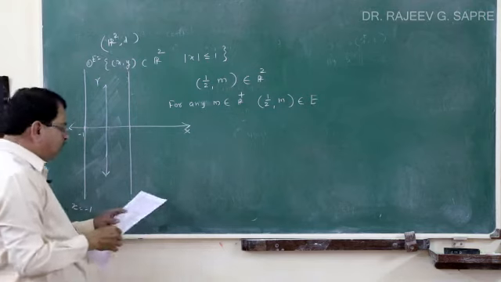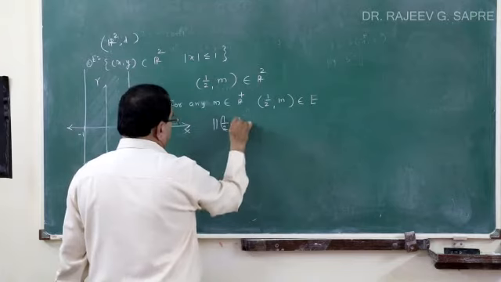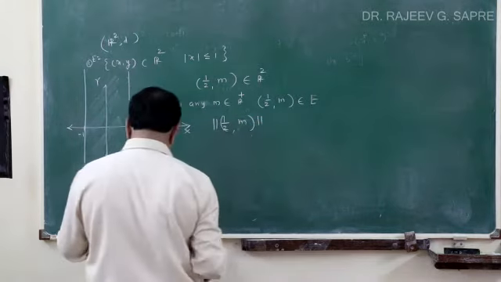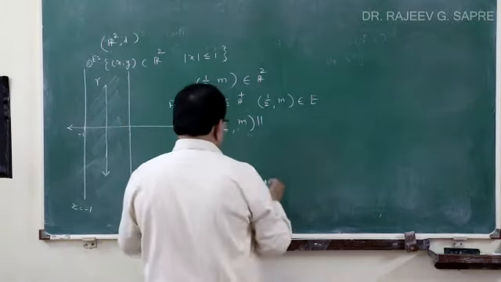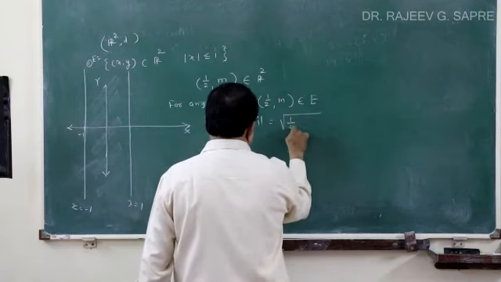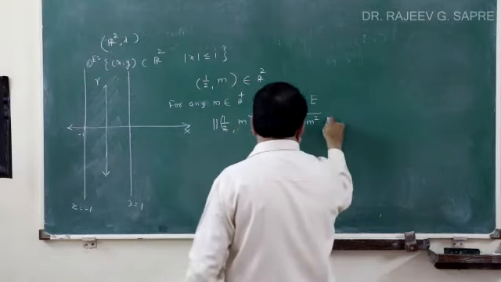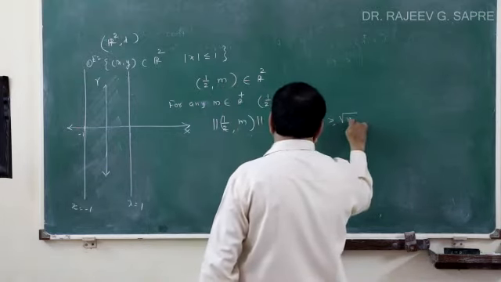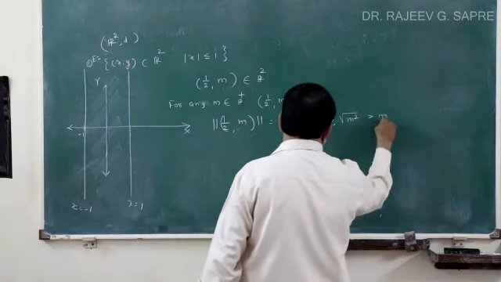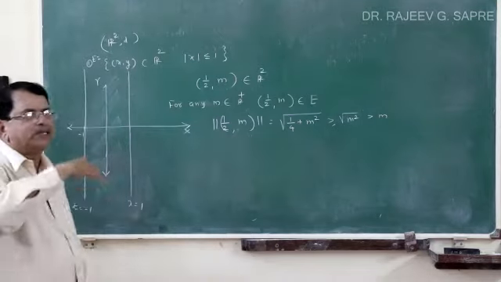Now if you calculate the norm of this point, the norm of (1/2, m), what is this norm? The norm of (x, y) is the root of x square plus y square. So it is the root of 1/4 plus m square, and this is definitely greater than or equal to the root of m square, so this is greater than m, and m is any real number, and this norm is greater than that.